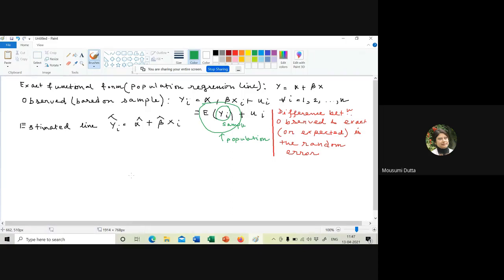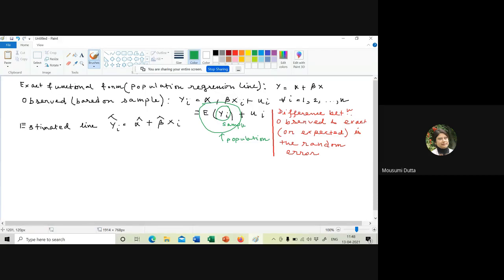As I mentioned, we are trying to frame a classical linear regression model, the CLRM framework. The assumptions we are making are related to the classical model, or these assumptions will make the model a classical one.